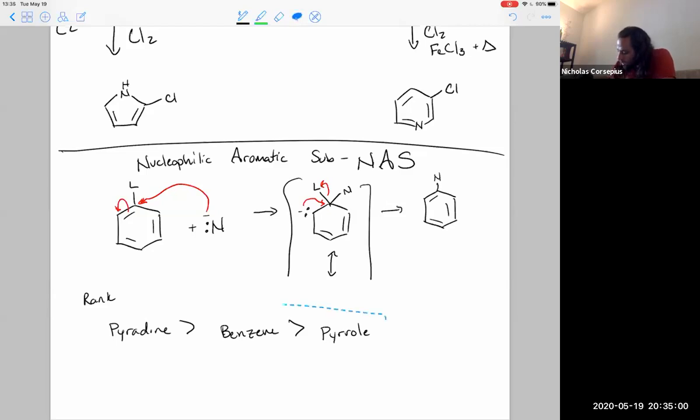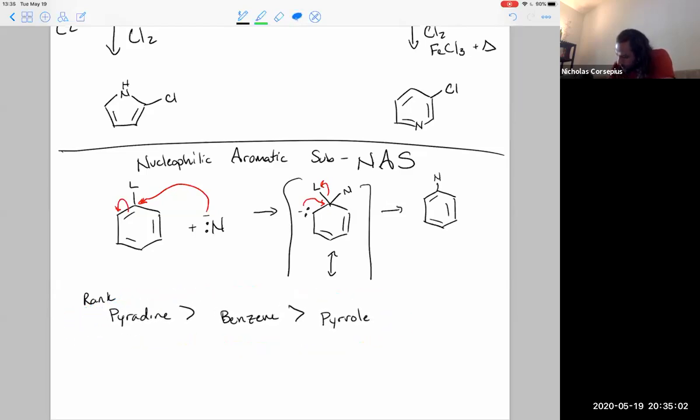There is one catch with pyridine that it's important to remember. Does anybody remember what that is? It only works if you're on like the C2 or C4 position.